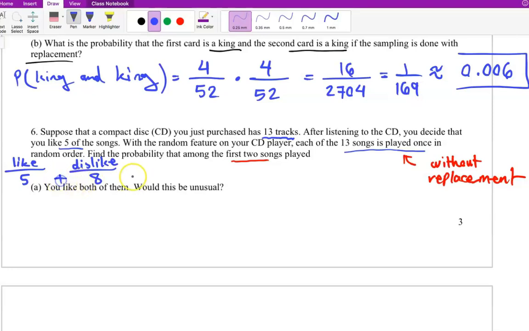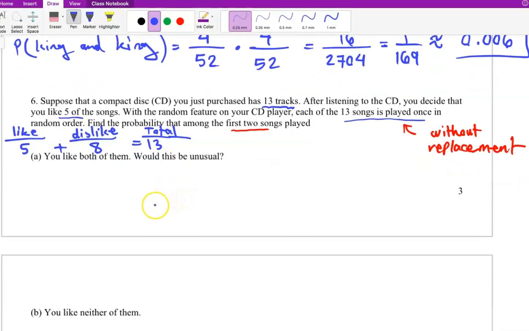Add these two, we have 13 total. Now you like both of them, so we have like and like, and this is without replacement.